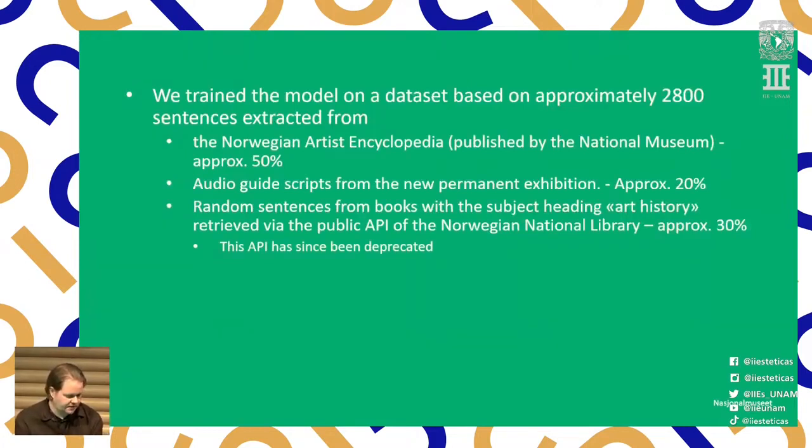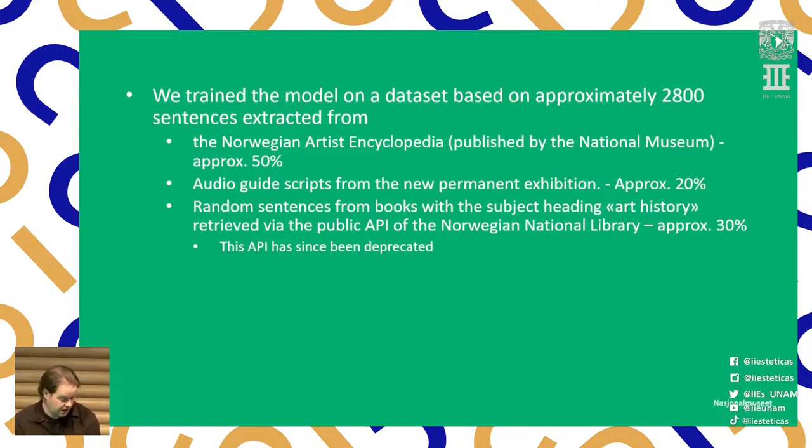So in order to develop our model, we had to construct an annotated dataset that we could use to train the new model. We ended up constructing our dataset based on 3 different sources. The Norwegian Artist Encyclopedia that was published by the National Museum, which makes up approximately 50% of the text material used for the dataset. We used scripts from the audio guides for the new permanent exhibition at the National Museum, which made up approximately 20% of the samples.